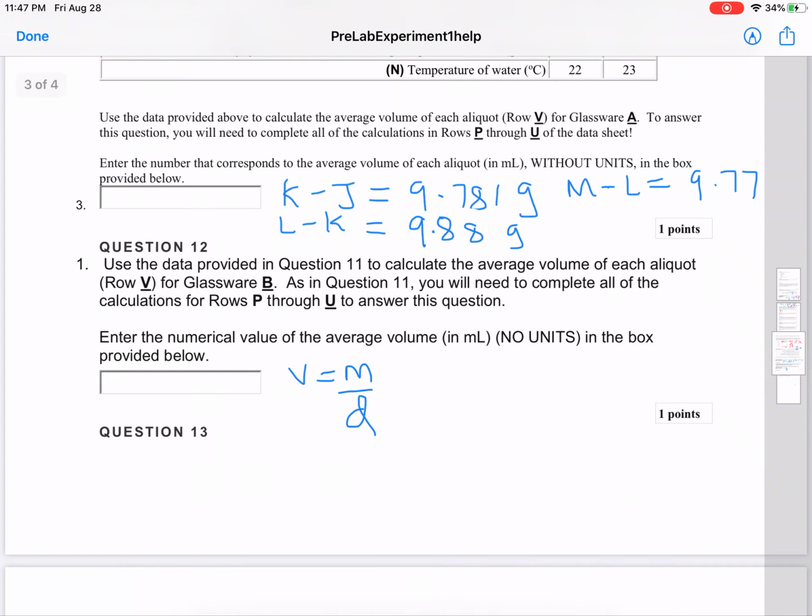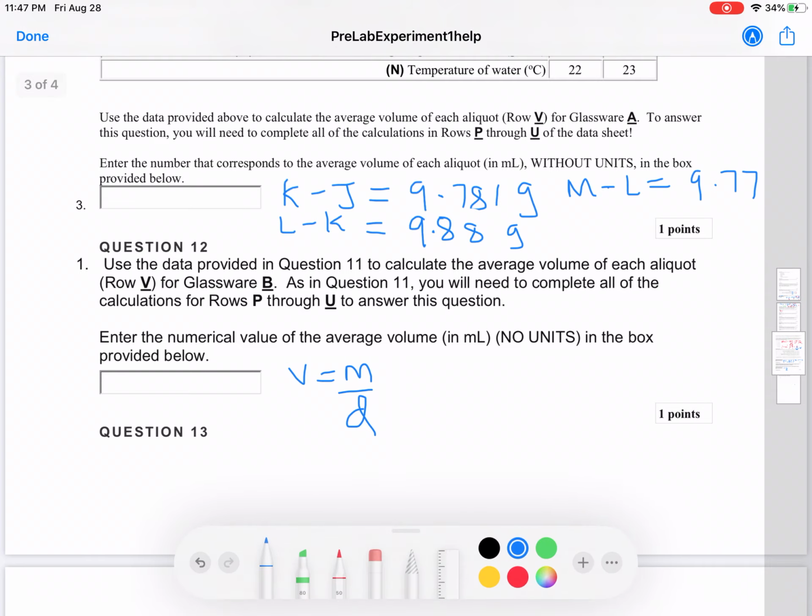This is being recorded at a temperature of 22 degrees, so the density is going to be 0.9978 grams per milliliter. So you're going to divide those masses by 0.9978 to find the volume.